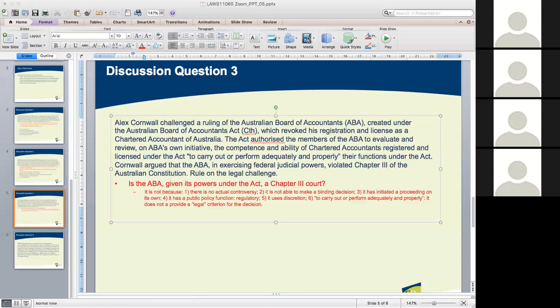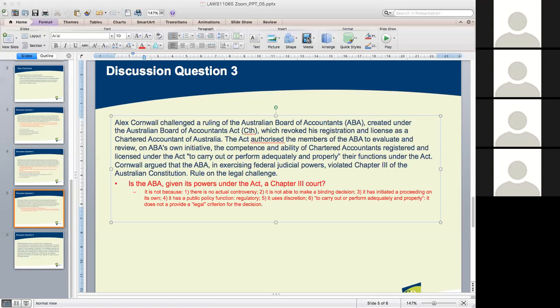Okay. So what if the law actually empowered it to make valid, conclusive, and binding decisions? In other words, could it be that the Commonwealth Parliament actually was thinking that this should be a Chapter 3 court?